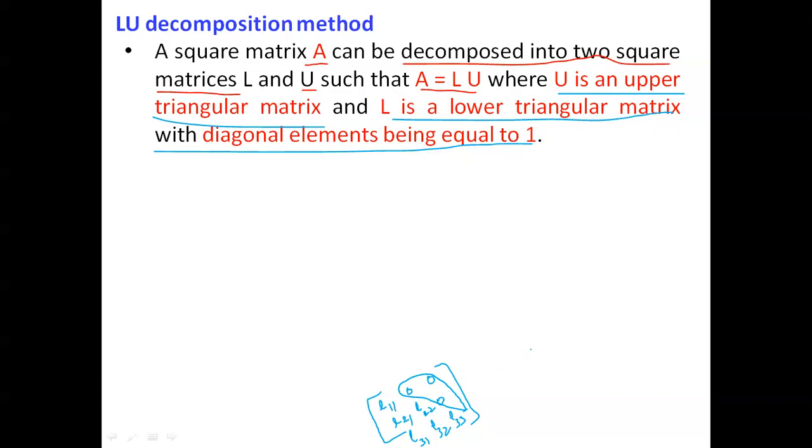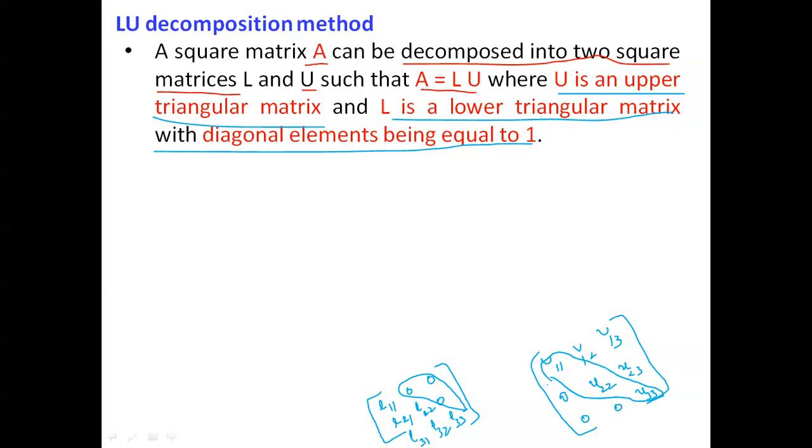So what is the upper triangular matrix? U11, U12, U13. The same way, 0, U22, U23, 0, 0, U33. So this is called an upper triangular matrix. Here U11, U22, U33 are the diagonal elements.